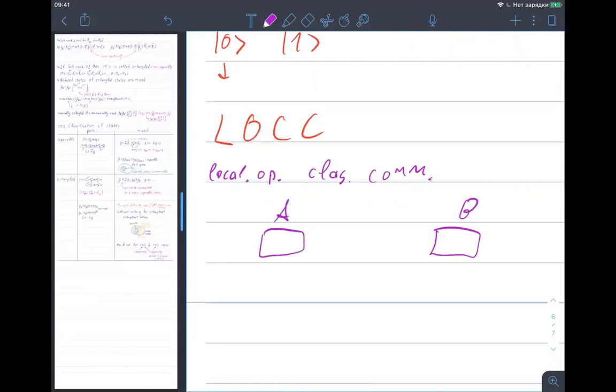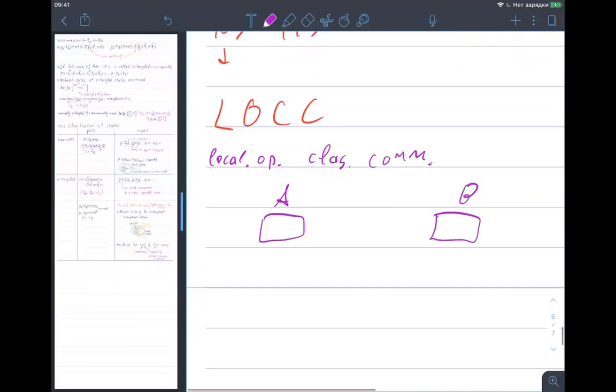We can say that A has some physical particles, and can make them in different states, and B has some different particles. For example, A can toss a coin.